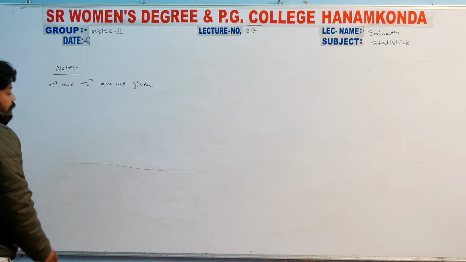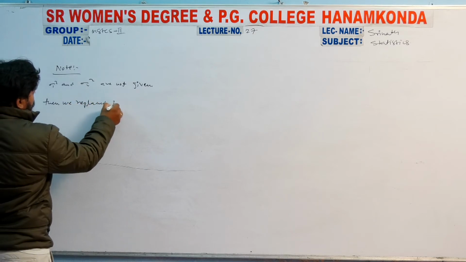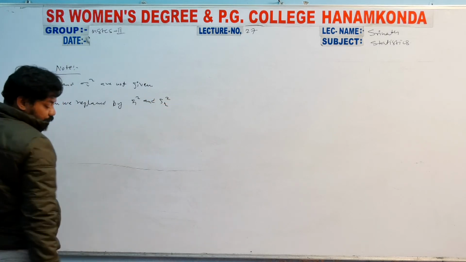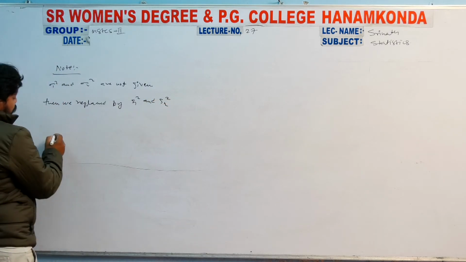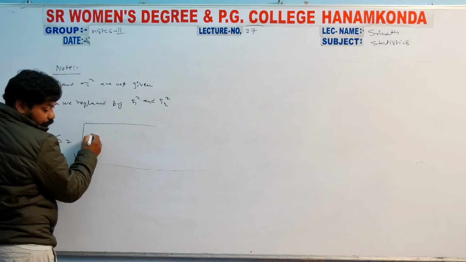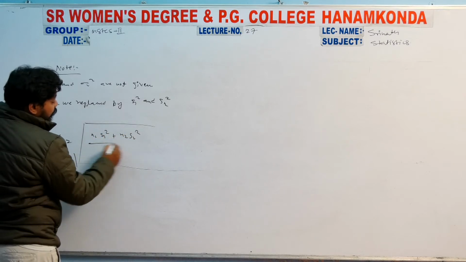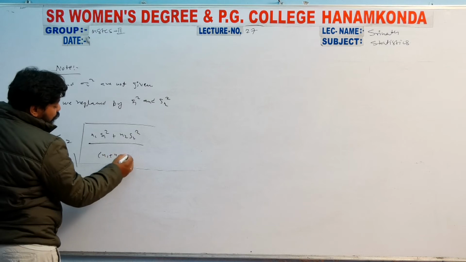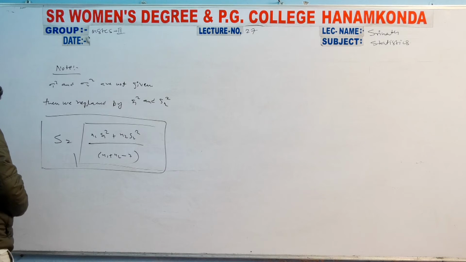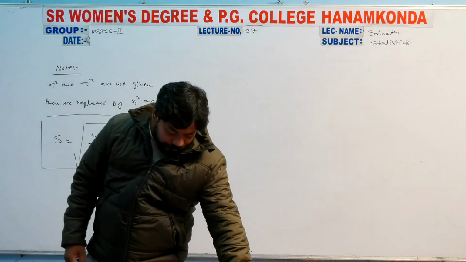Then we replace them by S1 square and S2 square. S is equal to under root of n1 s1 square plus n2 s2 square by n1 plus n2 minus 2, the degrees of freedom for finding S. This is the formula.